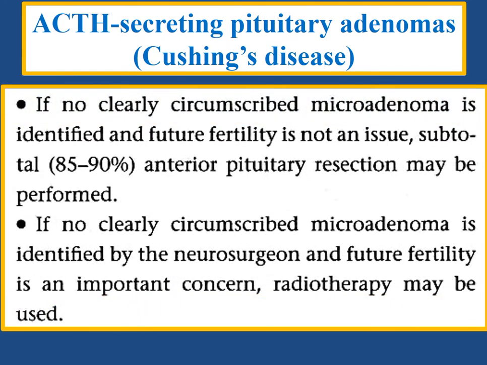If no clearly circumscribed microadenoma is identified and future fertility is not an issue, subtotal, about 85 to 90%, anterior pituitary resection may be performed. If future fertility is an important concern, radiotherapy may be used.